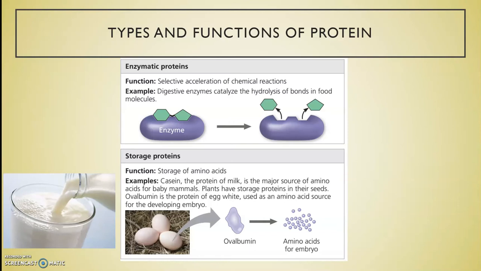Okay? So, first of all, proteins accelerate chemical reactions. So this function was specifically done by enzymes. Okay, so we had seen from our previous videos that enzymes lower the activation energy of a biochemical reaction.